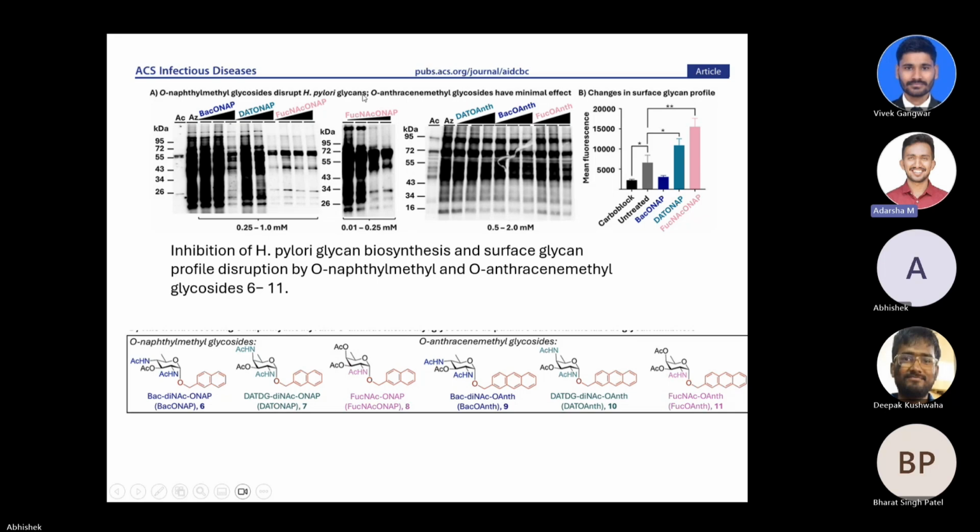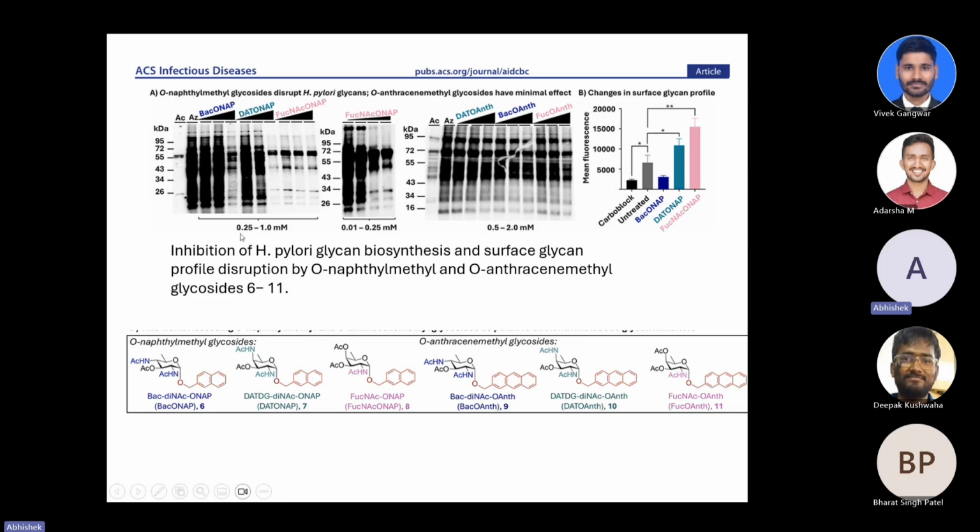Continue. I couldn't see the Western blot. Maybe that's some technical problem. Continue. Okay. In left hand side, these are the O-Naphthylmethyl glycoside that disrupt H. pylori glycans, and this right hand side, this O-Anthracenemethyl glycoside that has a minimal effect. As we can compare this two plot, there is no any changes seems to appear.